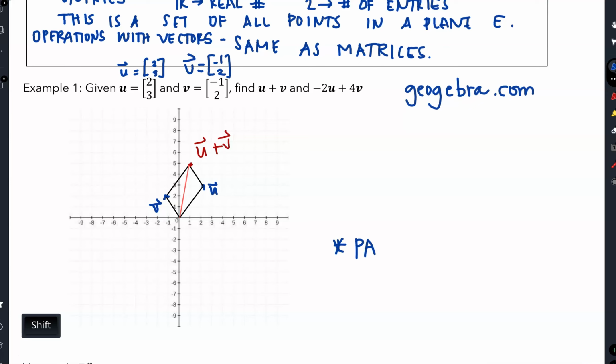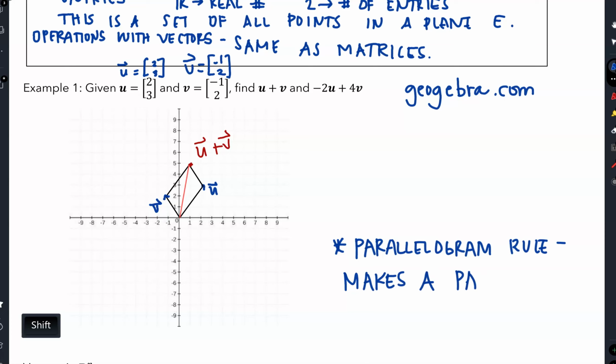So it makes a parallelogram by adding vectors together.